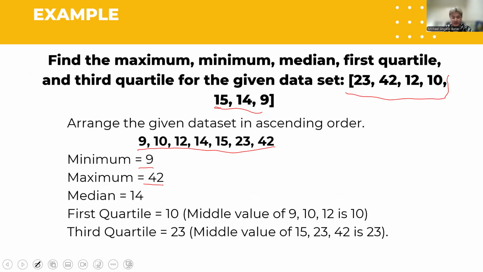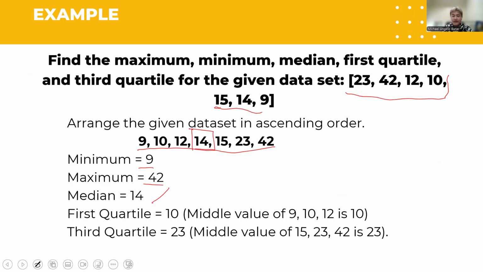For the median, you get the middle value of the given distribution. Since this is an odd number of values in the data set, you have 14 as your median.